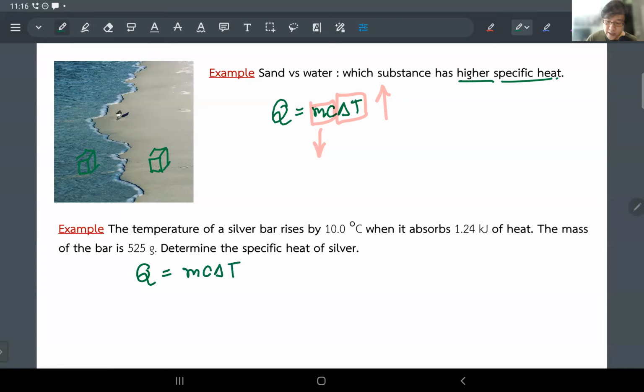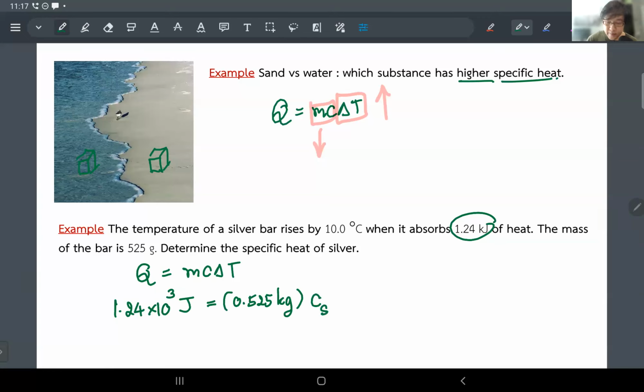The amount of heat is already given right here, 1.24 kilojoules. I can just plug it in. Kilo is 10 to the third joules. On the right-hand side, the mass is in grams, so you can turn this into kilograms by dividing by 1,000. The c is what you want; let me subscript this as silver.